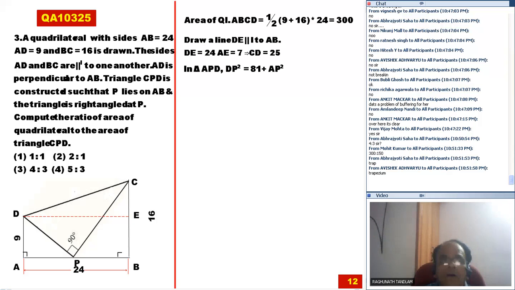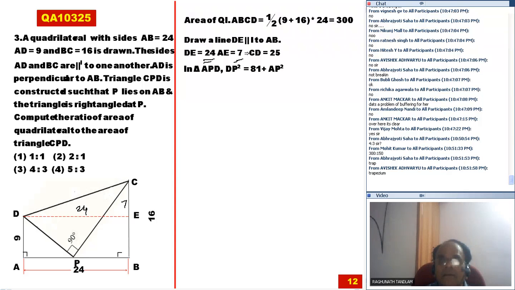What is DE, Rogan? AD is 24, AE is 7. Is 7, 24, 25 a right angle triangle or not? AD is 24. This is 7.